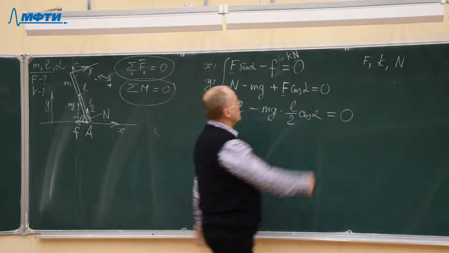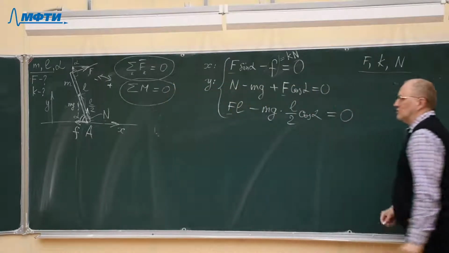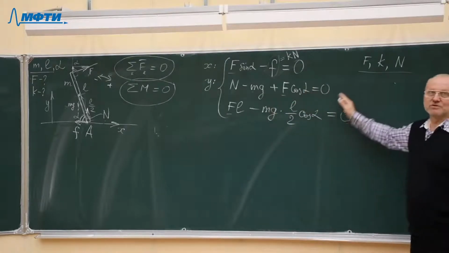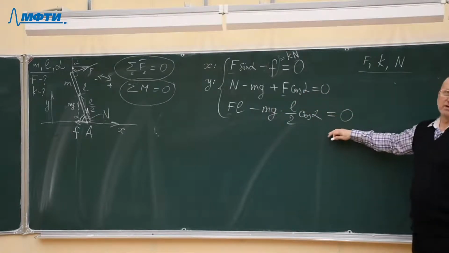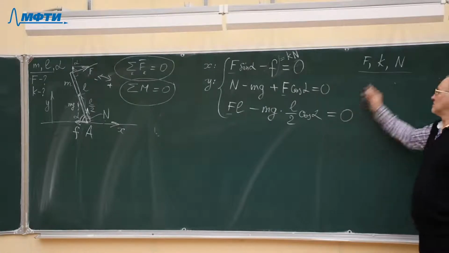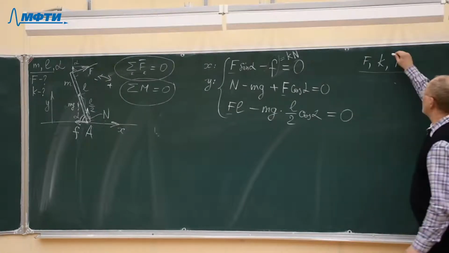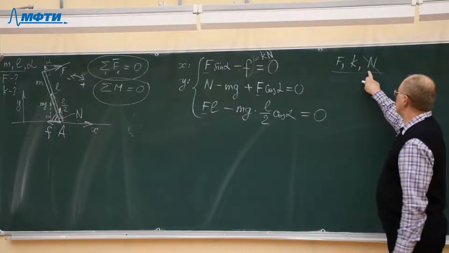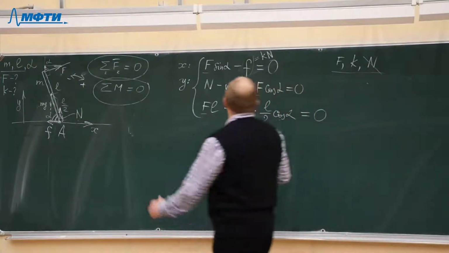That is, we have 3 equations and 3 unknown quantities. All 3 can be found from this system of equations. We can find everything, but we don't need N, and we don't need to waste time on this variable. So we have to somehow get rid of it.